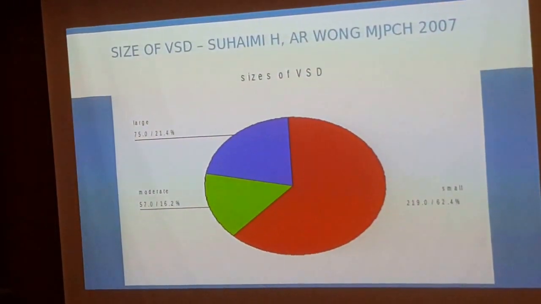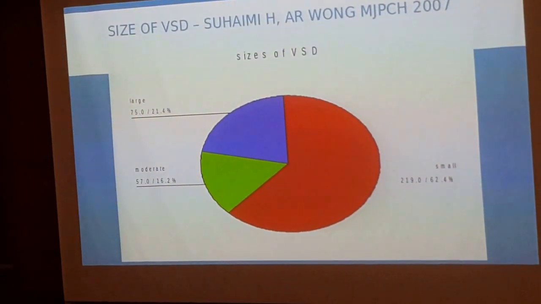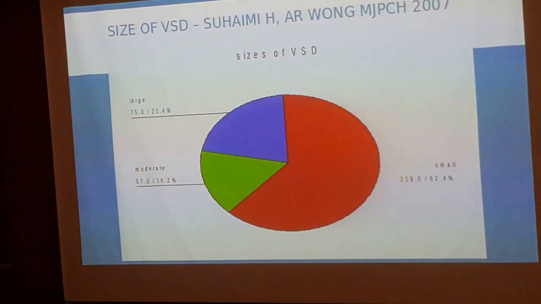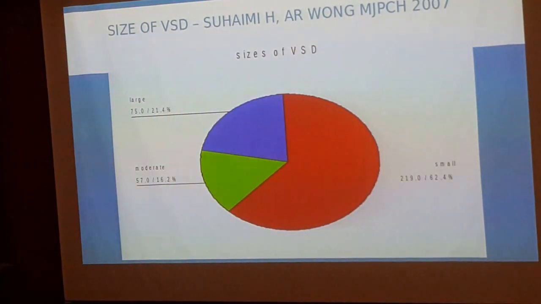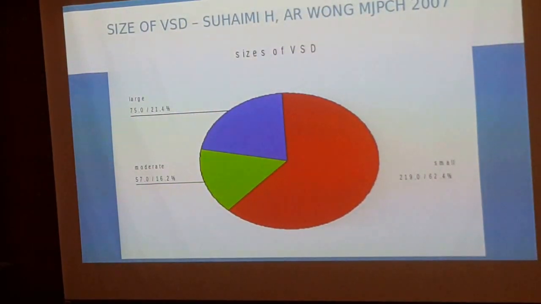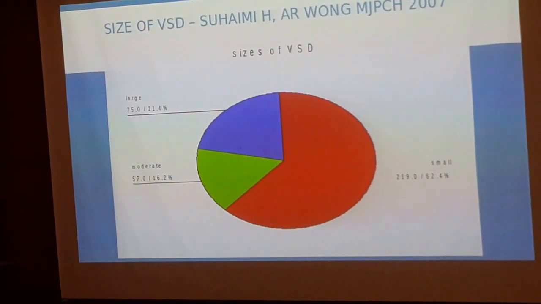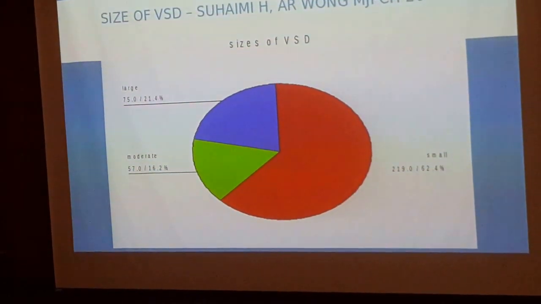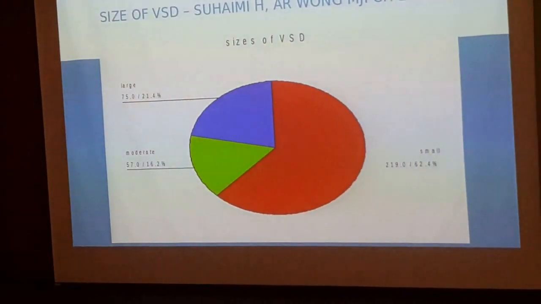Similarly, we classified them by size. The great majority were small to moderate, almost three quarters. So this was a group that we thought we could tackle safely. We were going to close them by device, and not the large ones. The large ones we leave to surgery.